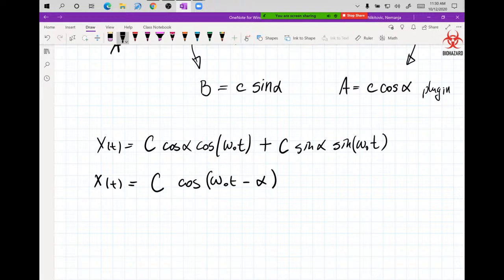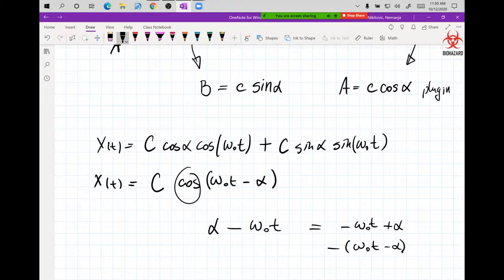And because you have this, technically the formula would be alpha minus omega 0 t, which you can write as negative omega 0 t plus alpha. Then you factor out the minus, omega 0 t minus alpha, but the cosine is an even function that would kill the minus.